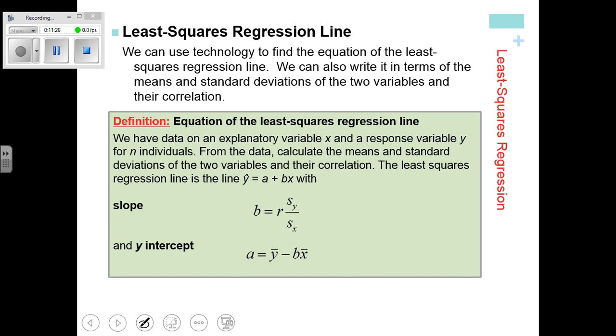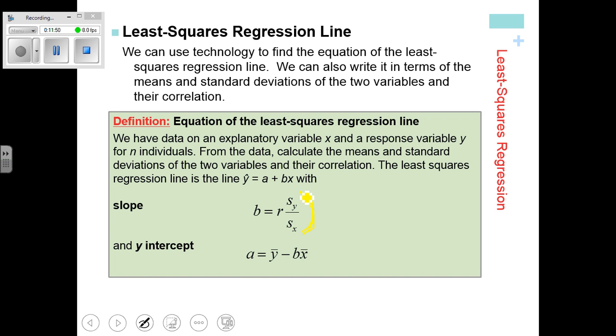Okay, other important equations for the least squares regression line is when you have to find the regression line and maybe you're not given the slope and the y-intercept, maybe you're only given the standard deviation of x and y, maybe you're only given r, which is correlation. This equation here is very commonly used.